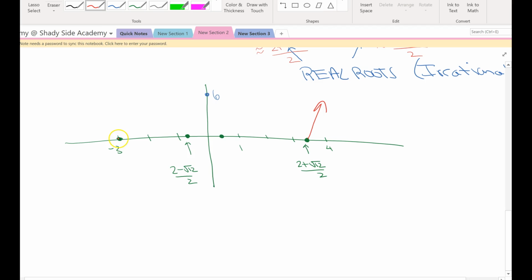Degree is even. All roots of multiplicity 1. Pass straight through, pass straight through, pass straight through, pass straight through. Oh dear, I missed. Make that bigger. There we go, everybody. So that was the conclusion of our conversation today in class.